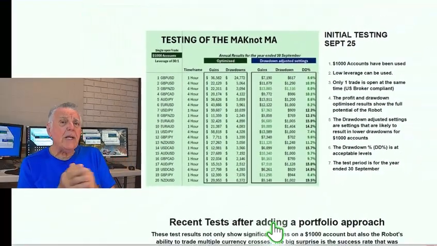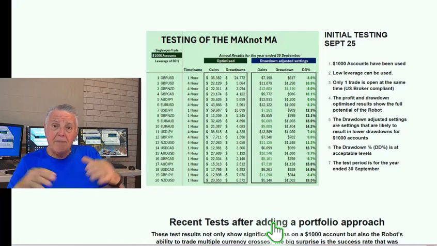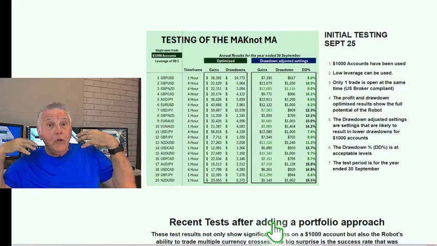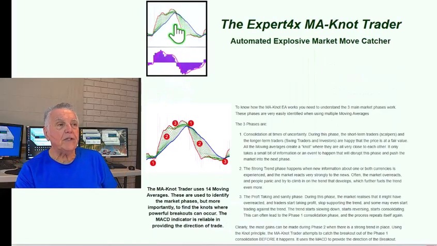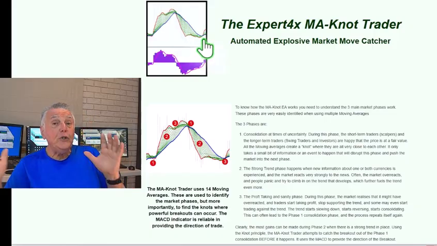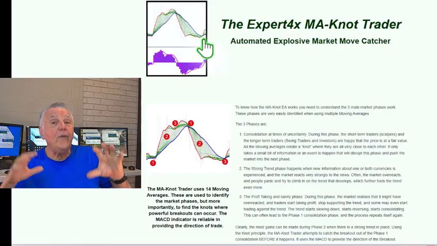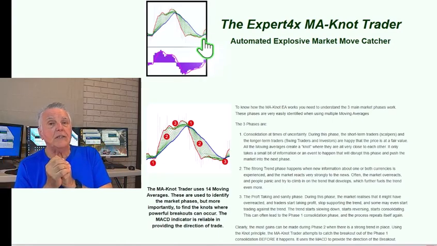But then what we realized after this beta testing, and that's the value of beta testing and also the value of users beta testing the EAs, is that we realized that these knots do not happen that often. If you look at this chart, for instance, if this was a 4-hour chart, the difference between that knot and that knot could be 2 to 3 weeks. So very few occasions when those knots happen.